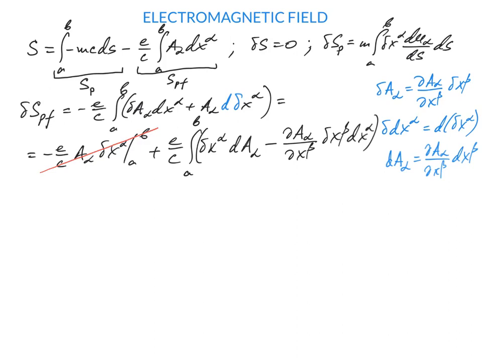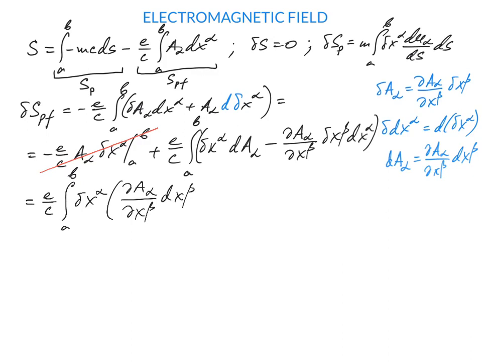So taking everything into account, now we have e over c integral, delta x alpha goes outside the brackets. So here we have dA alpha dx beta dx beta.